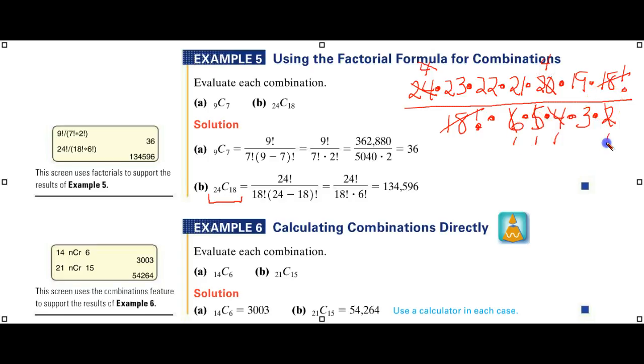And 2 goes into there once, 2 goes into there 11 times, and 3 goes into there once, 3 goes into 21 7 times. So you now have 23 times 11 times 7 times 4 times 19. Still a lot of work, but showing you, again, not so much a shortcut as compared to what we did before.